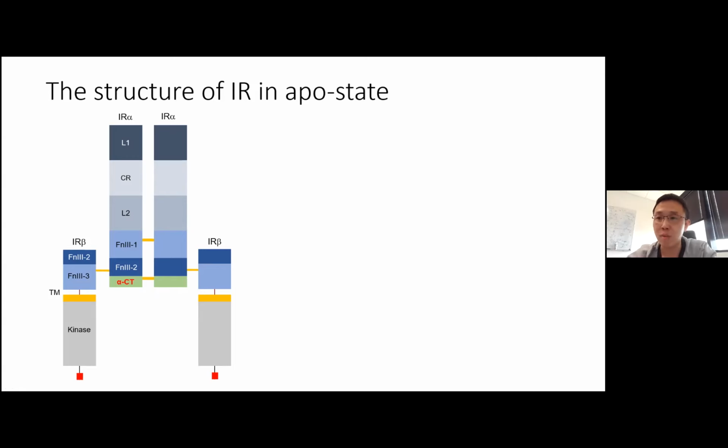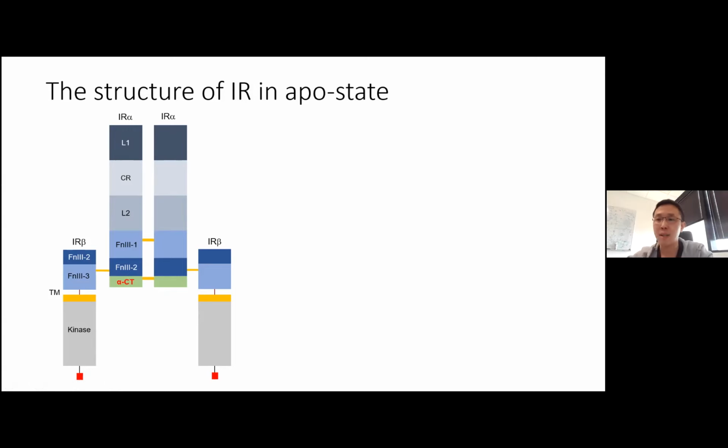So please remember that the alpha-CT motif is always bound to the L1 domain, although they are separate in the sequence. Structurally, the alpha-CT motif is folded as a small alpha helix.